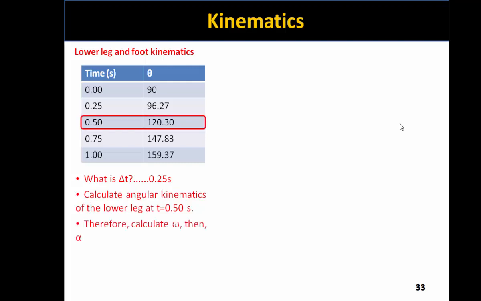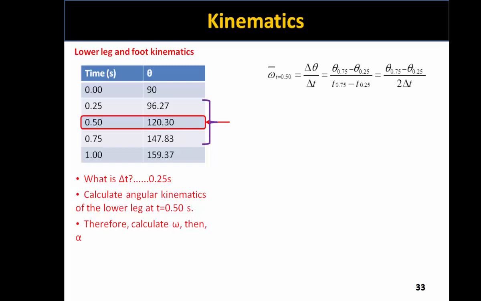This is where we want to target our interest, but if you notice here, although we have a delta t of 0.25 seconds, we only have one position, and that's 120.30 degrees. Now, to calculate angular velocity, we need a final position subtract an initial position.